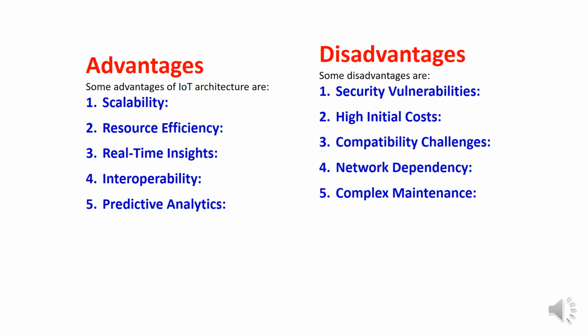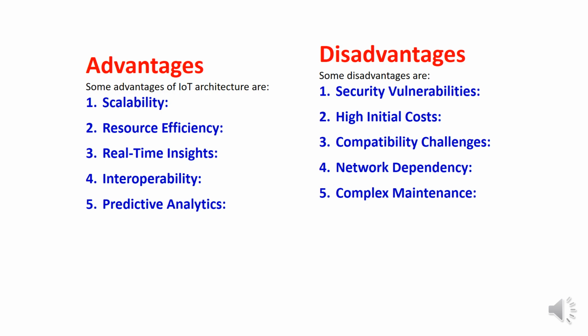Resource efficiency. It minimizes power consumption and maintenance overhead by optimizing operations through data driven control. Next is real time insights. It provides instant visibility of ongoing processes using live sensor streams to enable faster responses.